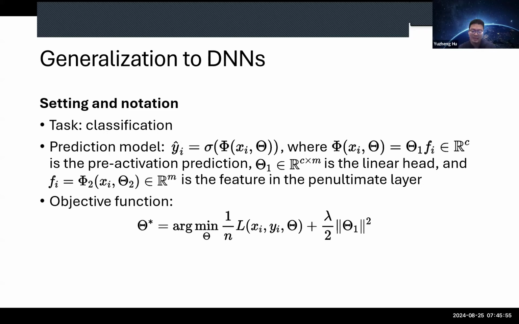But if we consider using a general theta here, and then consider the first order condition, the gradient of the loss with respect to the model parameters will be very nasty, and this will not be good for us to obtain a similar formula as we did for the linear models. So it is very important here that we use the regularization only for the linear head rather than for the entire model parameters.